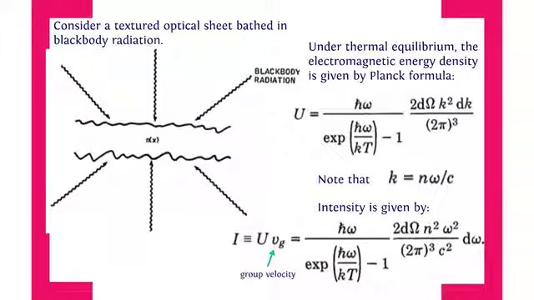This is called thermal equilibrium. We can write down what's called an electromagnetic energy density. All it means is how much energy is inside this material for a given temperature, a given wavelength, and so on. That's determined by this complicated looking equation, which comes from Planck's radiation law. Not super important for us, except for one point that I'll point out.